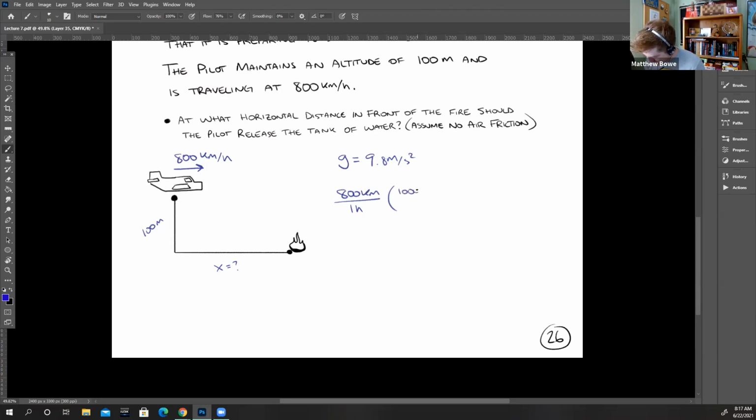So there are 1,000 meters in 1 kilometer. We see that will cancel out the kilometers and leave meters on the top. And we don't want hours, we want seconds in the denominator. So we will have, what was it, 3,600 seconds in 1 hour.